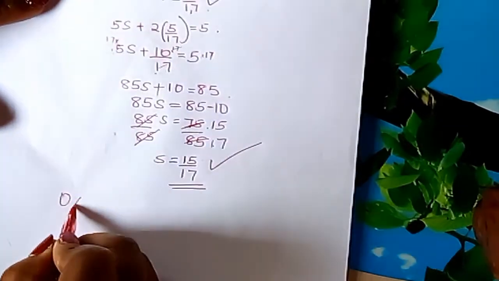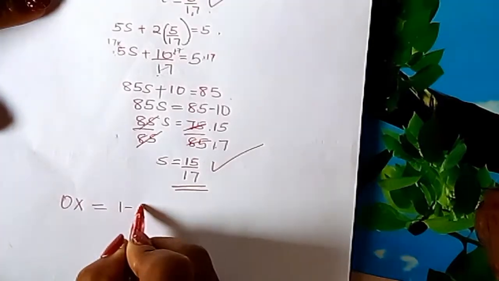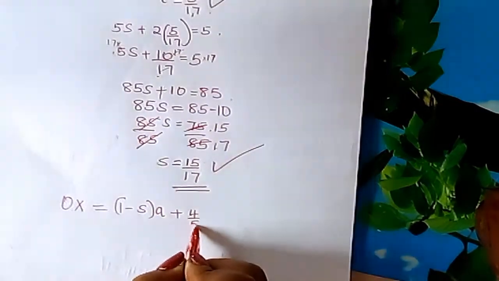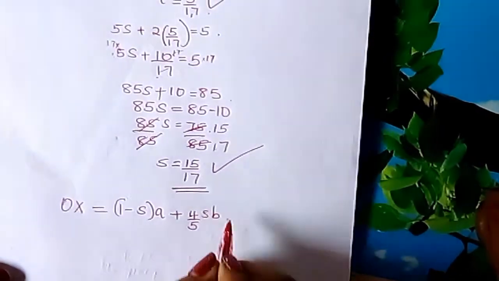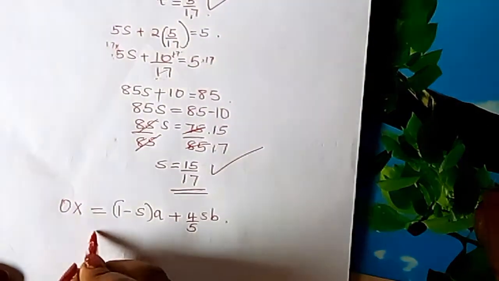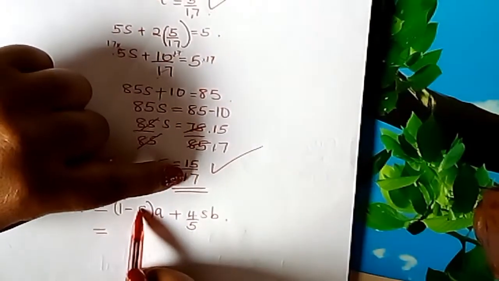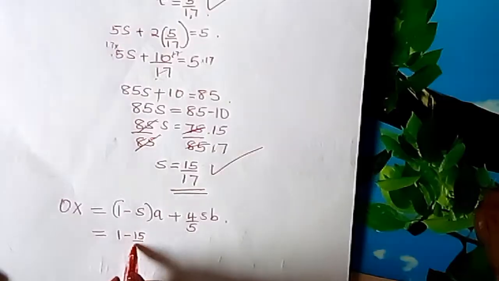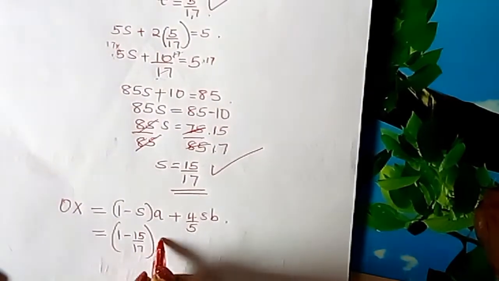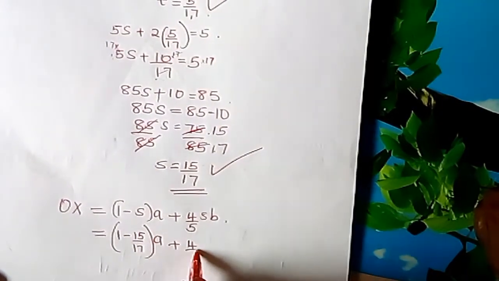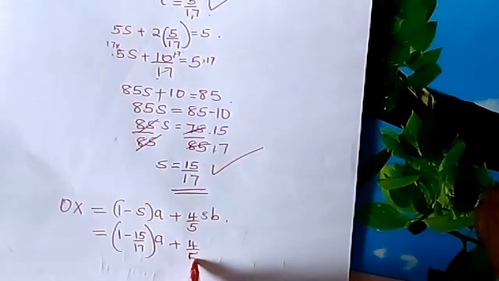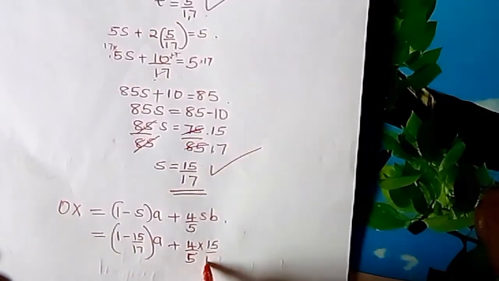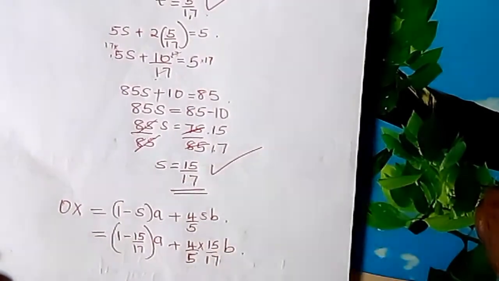You have OX equals 1 minus s of a plus 4 over 5 s of b. Come and fix your s here. Your s is 1 minus 15 over 17 of a plus 4 over 5 times 15 over 17 b.